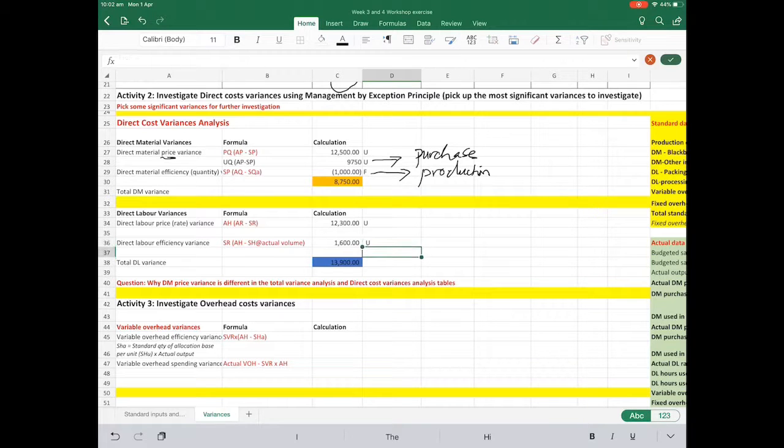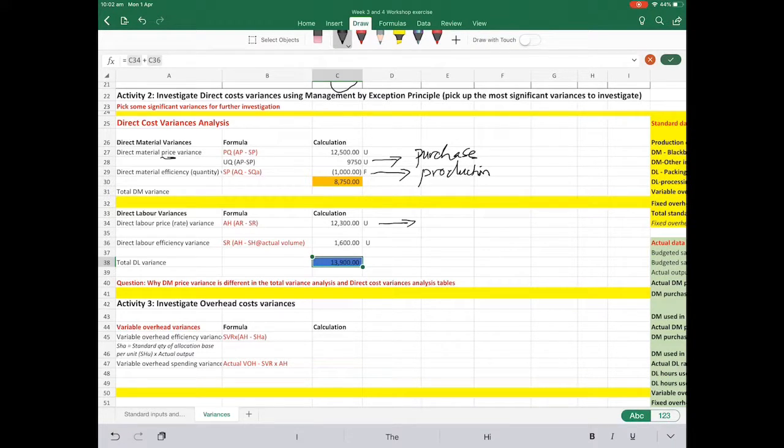Now you can see here the majority again of this direct labor variance is caused by the direct labor rate variance. So that means we paid much higher than we planned to pay, which led to the majority of the direct labor variance. So again, if you want to talk more about why this happened, you should talk to HR. And for the efficiency, that is production.